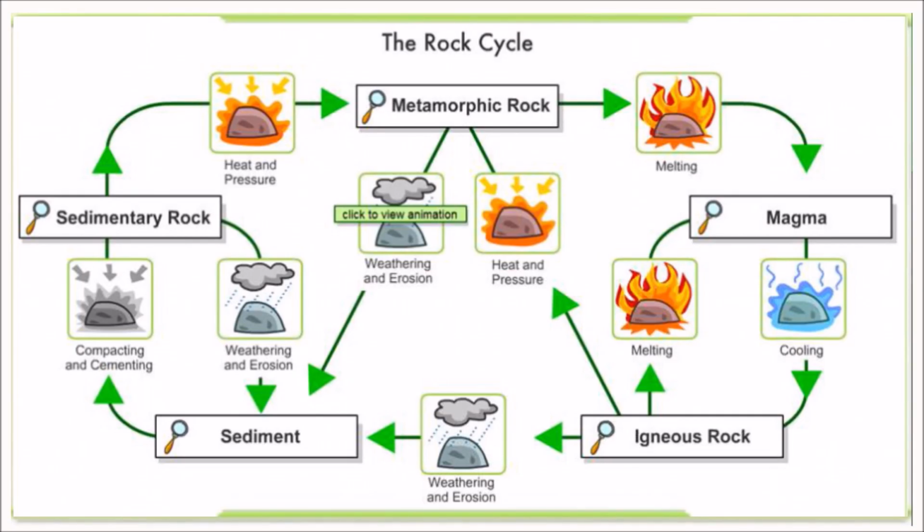Now we are going to see the pictorial representation of the rock cycle. Igneous rocks are the primary or parent rocks. It is the rock which is formed first on the earth. So that's why it does not contain any fossils.